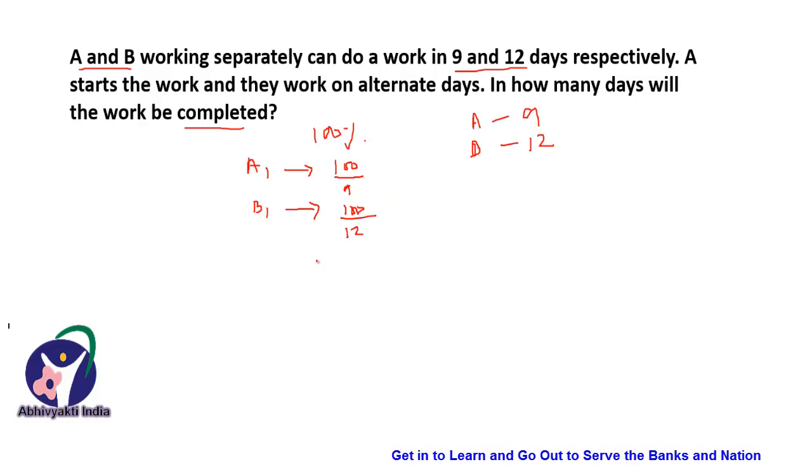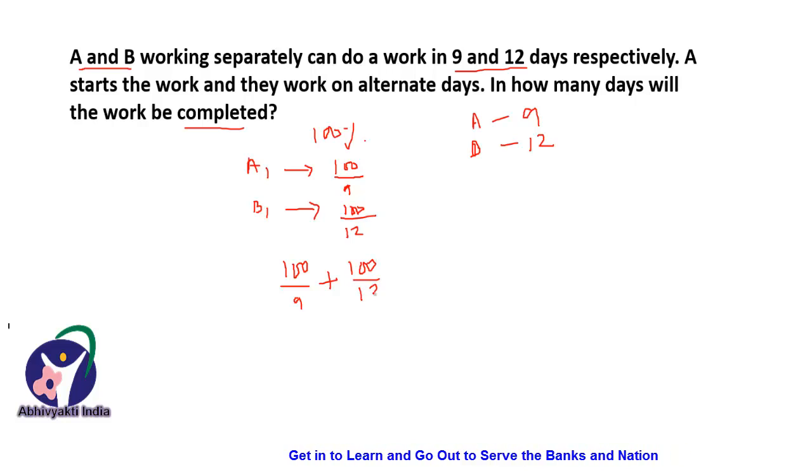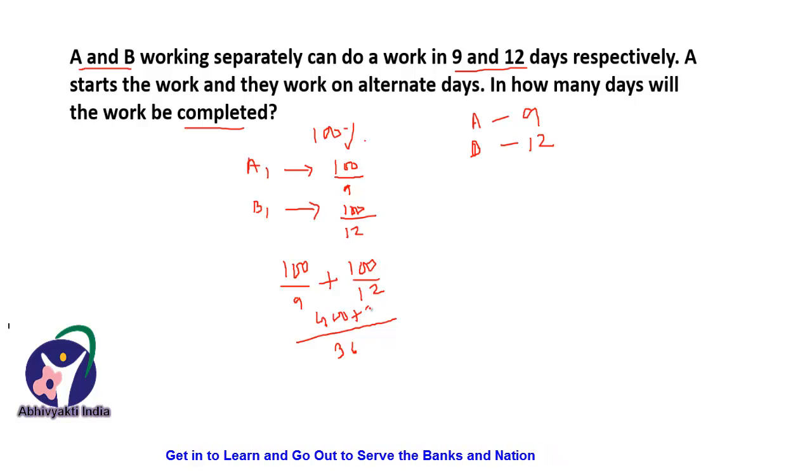Together they will finish in one day 100 by 9 plus 100 by 12. 36 will be the LCM, and it will be 400 plus 300, that is equal to 700 by 36.